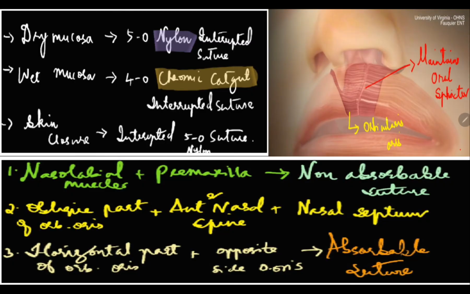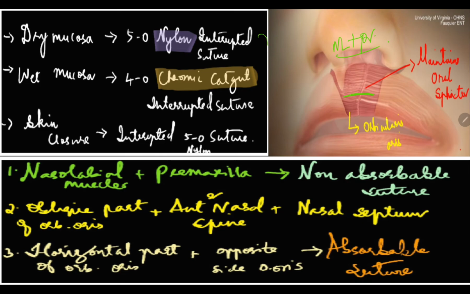Now coming to after completing, what are the sutures we do? Usually, as I have already said, the nasolabial muscle is connected to the premaxilla by non-absorbable suture. The oblique part of the muscle and the nasal spine, that is the nasal septum, you are going to attach it, and the horizontal part of orbicularis oris with the opposite part, that is, the opposite together, by absorbable suture.